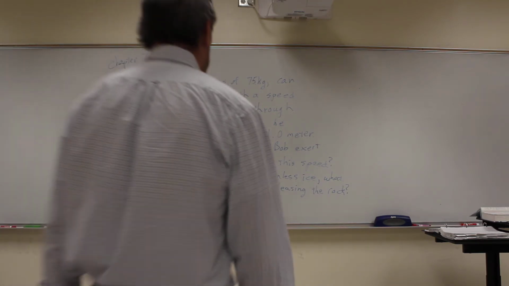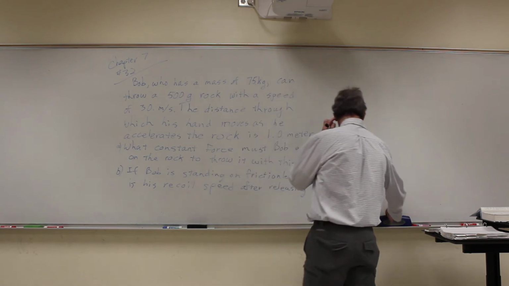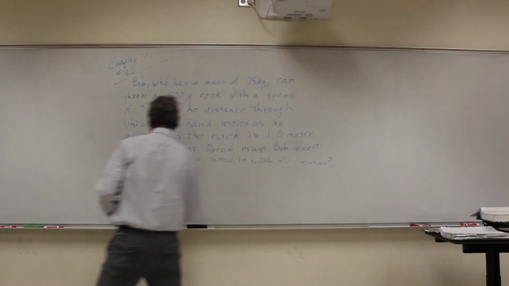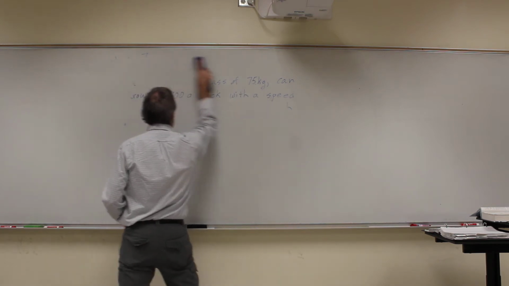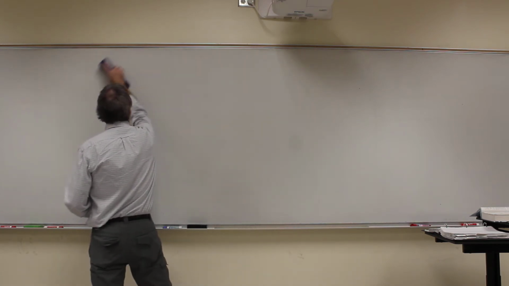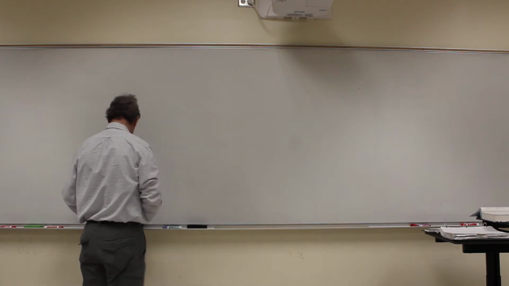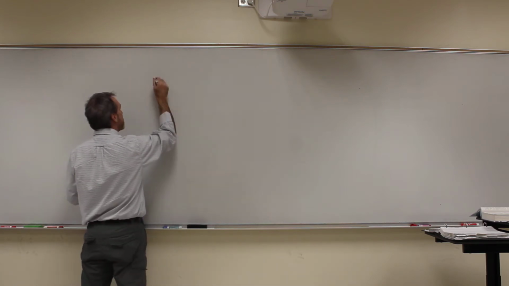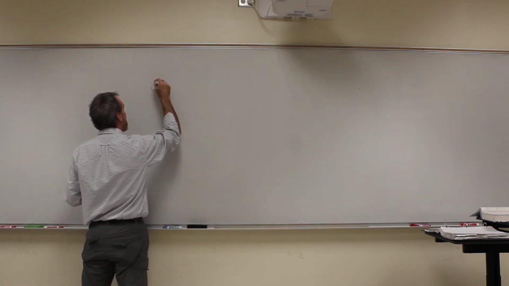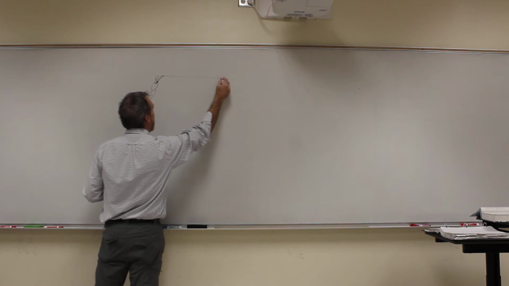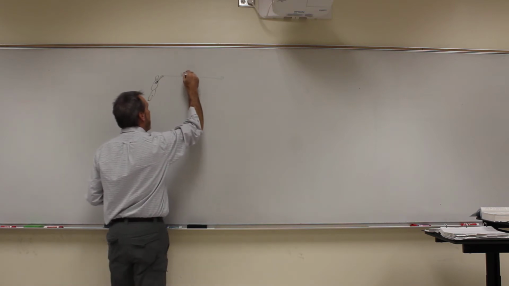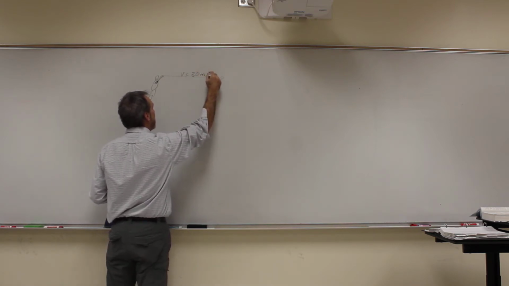All right, so here we go. Let's look at the situation here. We have Bob throwing a rock. He throws a rock and it has a velocity of 30 meters per second.